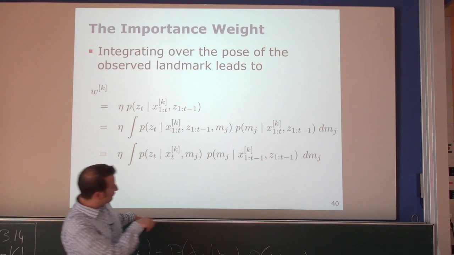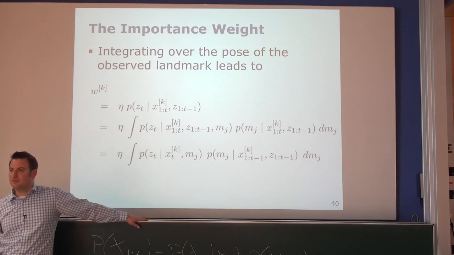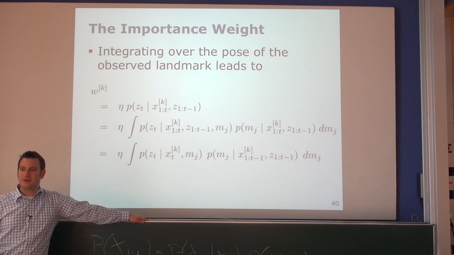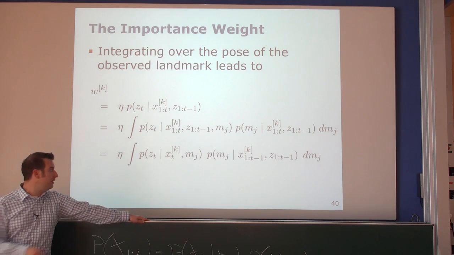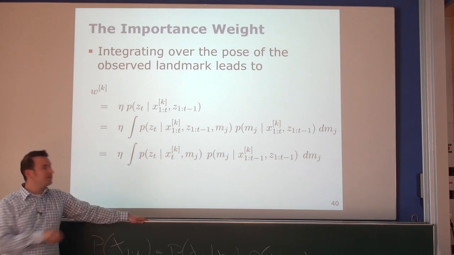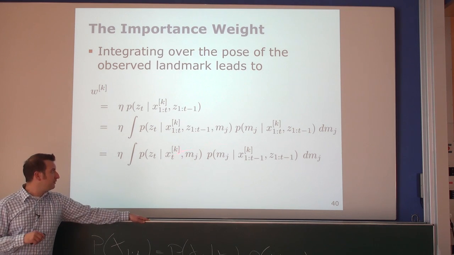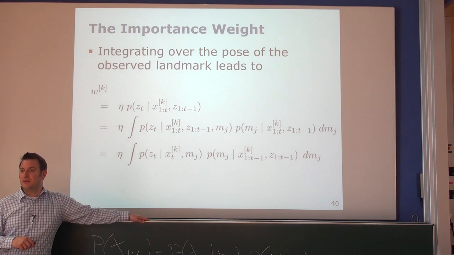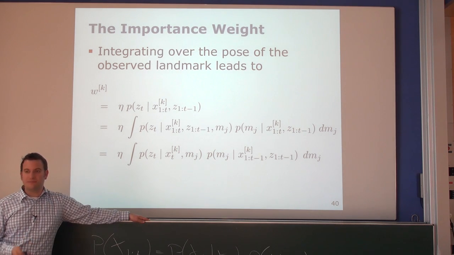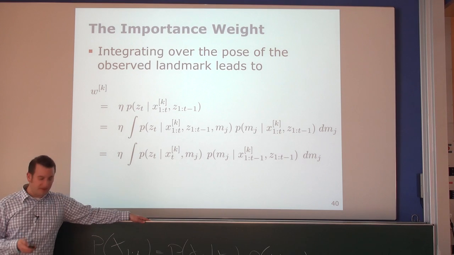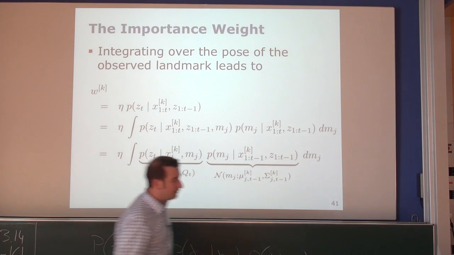So this is our 2x2 EKF, which we can use to compute that. It's a Gaussian which we know how to estimate. What we have here is the likelihood of an observation given we know the poses and given we know the landmark location. Again, we go back to the EKF, how we did that in the EKF. We know that's all quite easy.